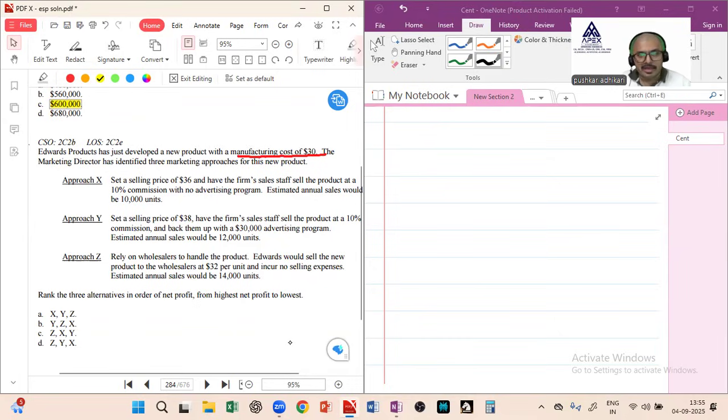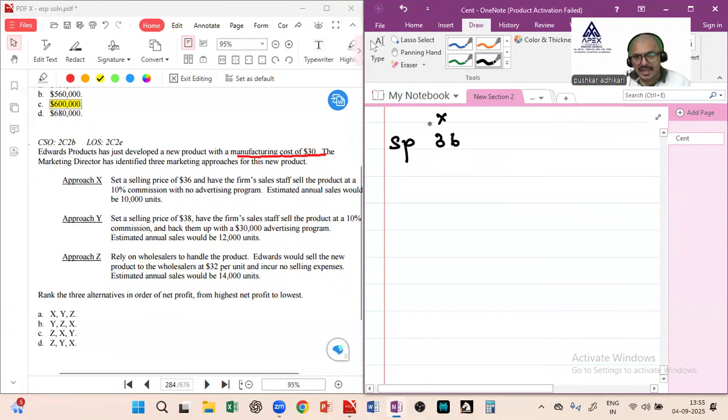Okay. Please pay attention. Don't calculate anything. Selling price is equal to 36. This is approach X. We'll rewrite it. Selling price is equal to 36. Now, the manufacturing cost is equal to how much? 30. Then there is a commission. The commission is 10%. 10% of what? Obviously the selling price. So this has to be 3.6.